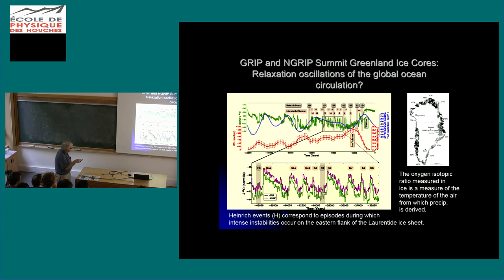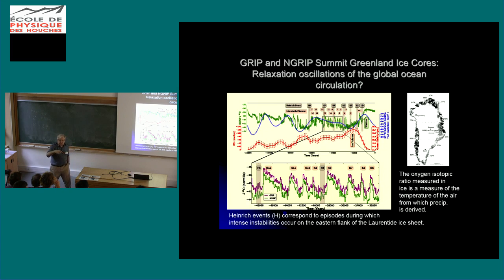And it's important to understand that this oxygen isotope measurement, when made in an ice core, is a direct proxy for the temperature of the air from which the precipitation fell to build up the ice sheet. And this is an extremely tight connection between air temperature and oxygen isotopes in the ice.